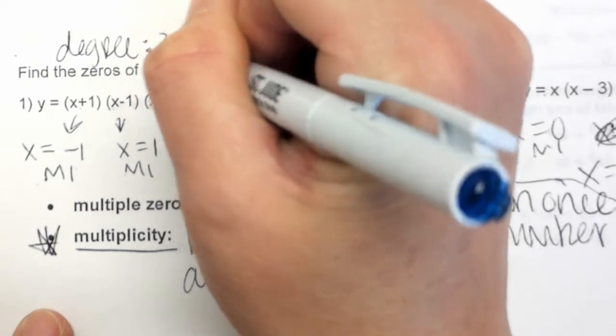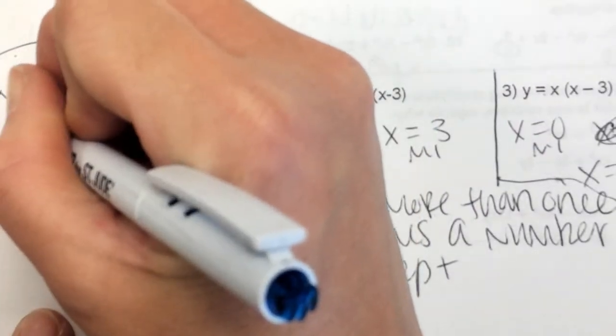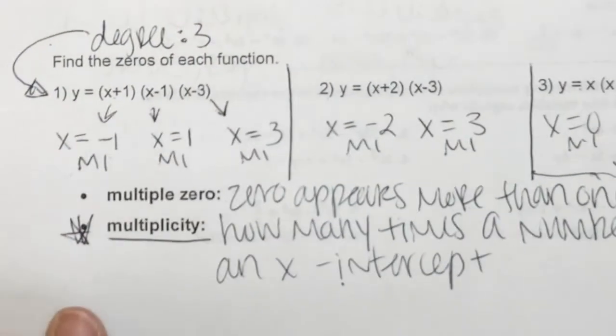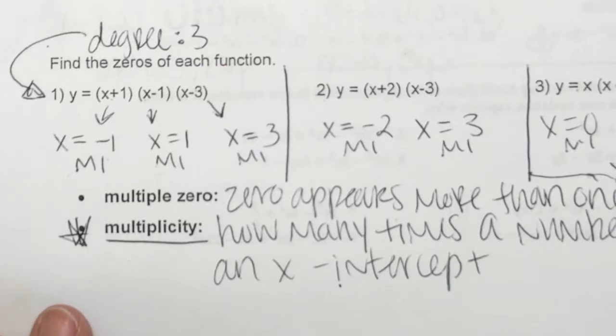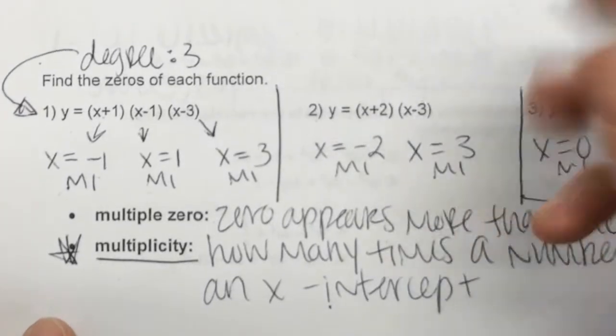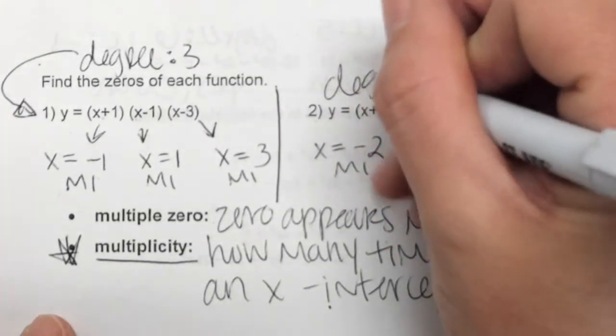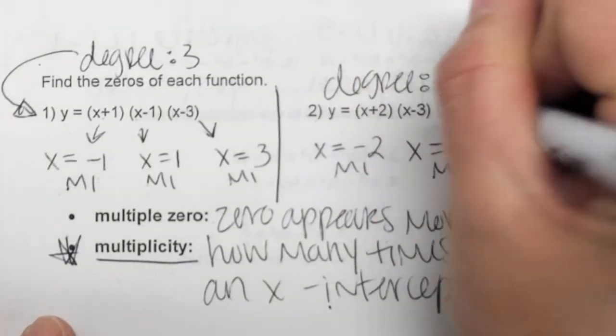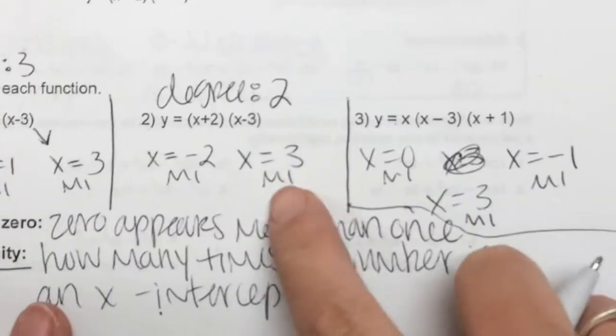Yes, there's 3 multiplicities, so the degree of this polynomial is 3, which means it's what kind of function? What kind of polynomial? Cubic. Good, I wasn't looking for that, but good job. 3 is what kind of number? Odd. It's an odd polynomial, and cubic. Alright, this one, what's the degree of this polynomial? So it's even and quadratic.